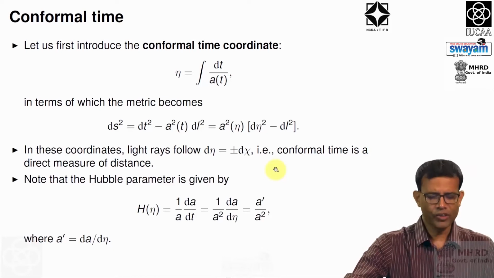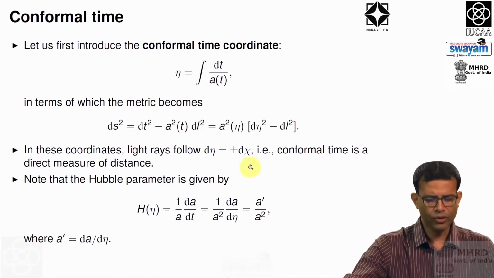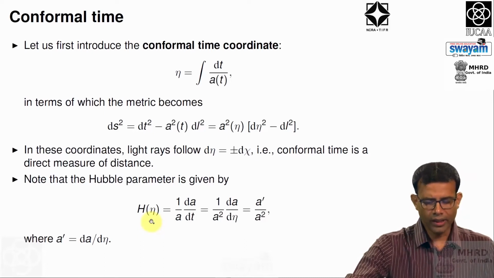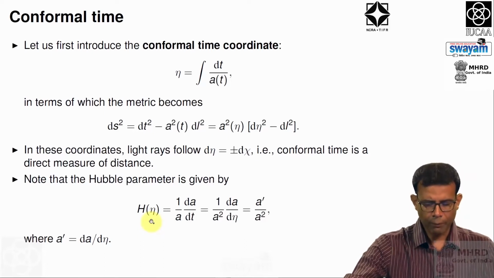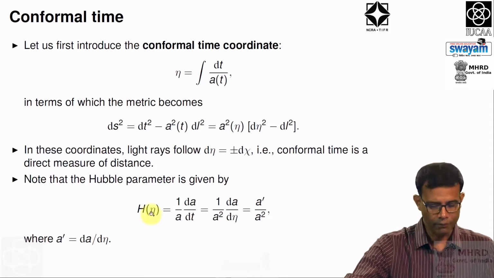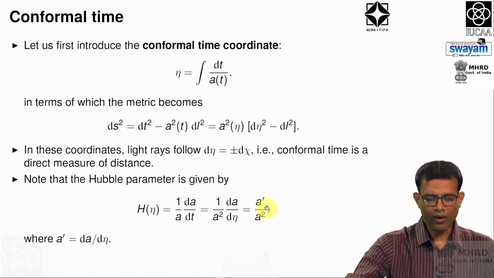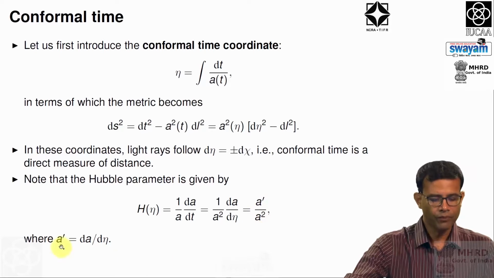Some of the expressions for various parameters would change. For example, the Hubble parameter, when written in terms of the conformal time, picks up an extra factor of a. The Hubble parameter in conventional time coordinates is a dot divided by a. In terms of the conformal time, the Hubble parameter is a prime by a square, where by prime I mean derivatives with respect to eta.